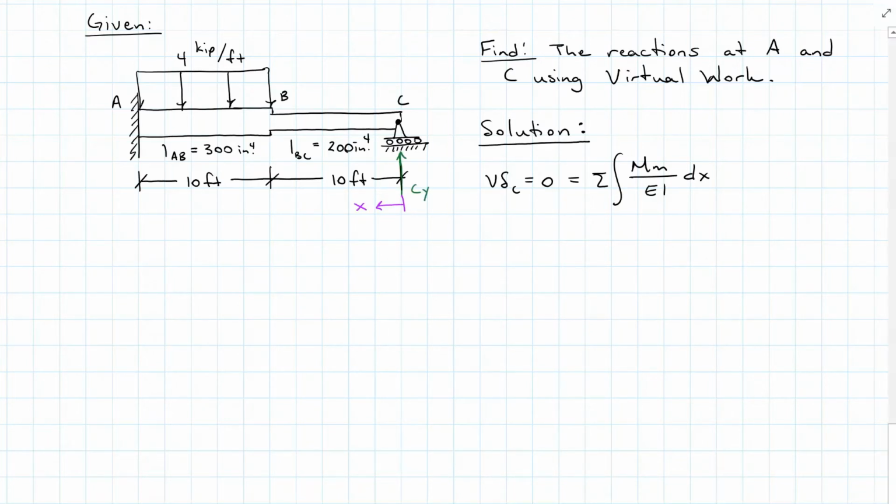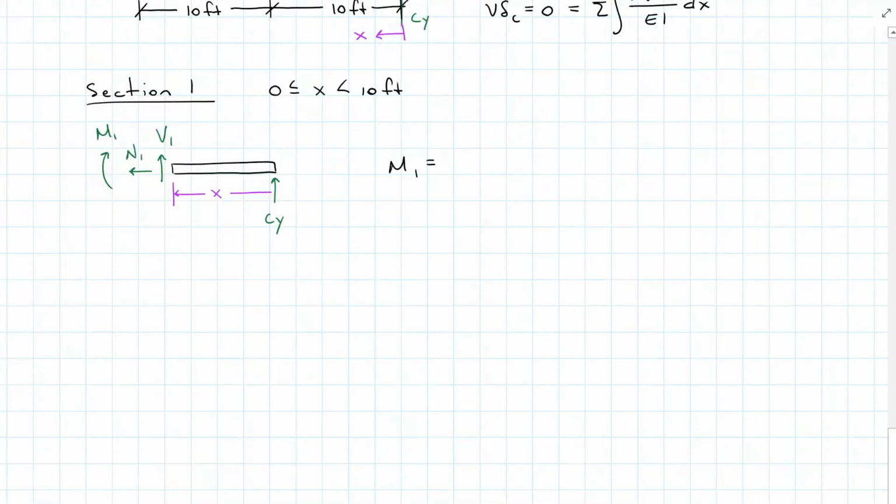I'm going to need two sections. I need a section between B and C where I don't have any load and I have my first inertia of 200. And then I'm going to take my second section from A to B where my inertia changes and I start a distributed load. My moment one equation is going to be CYX for section 1.